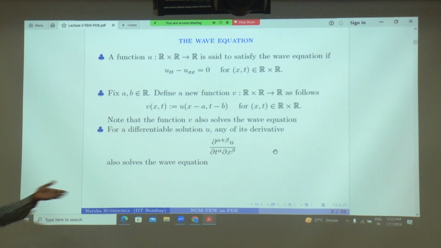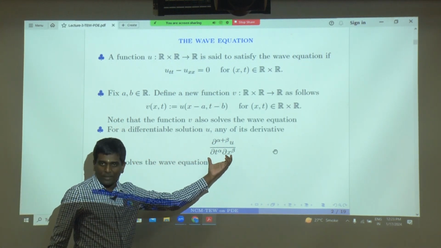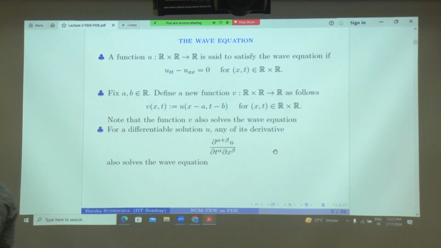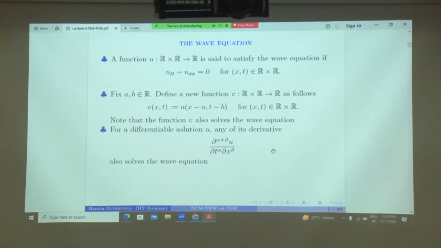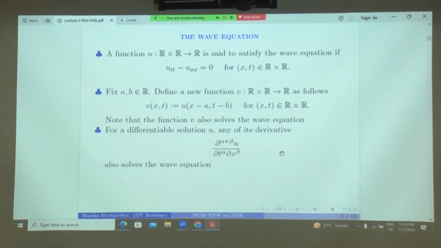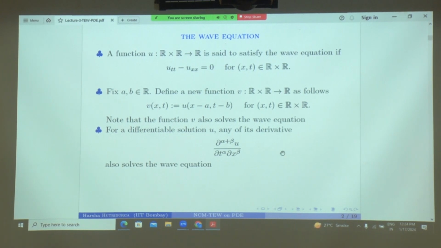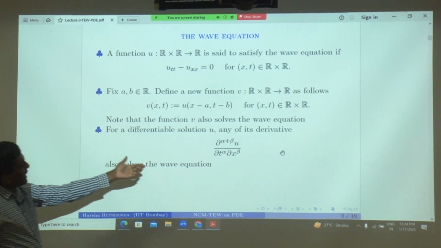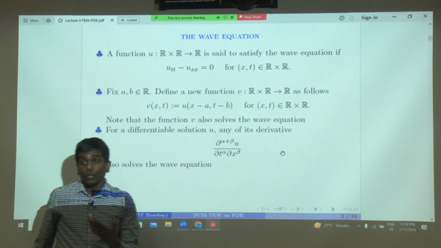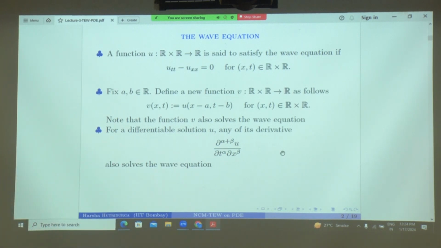It turns out that this is a new function altogether, a function of x and t variables, and that function also solves the wave equation. As long as this differentiation is allowed, meaning u is a smooth function, derivatives of your solution also solve the wave equation.